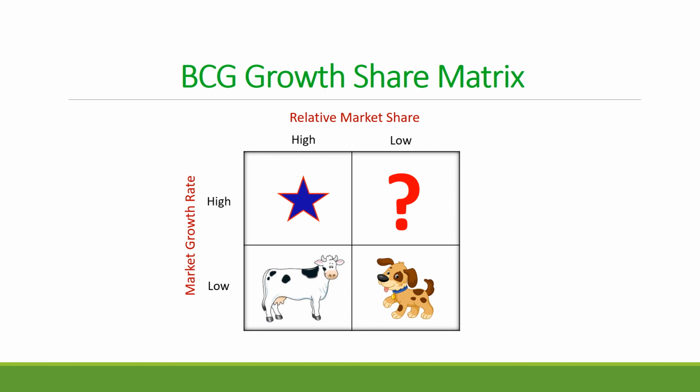So, on the basis of this matrix, a business organization can decide which of its business units may have to be developed or invested in more, and which of its business units may have to be stopped or divested. The star position, those business units in this cell, may have to be improved. And the cash cows can be used to the maximum to generate cash inflows during their boom period.